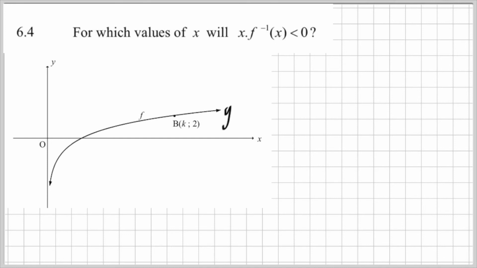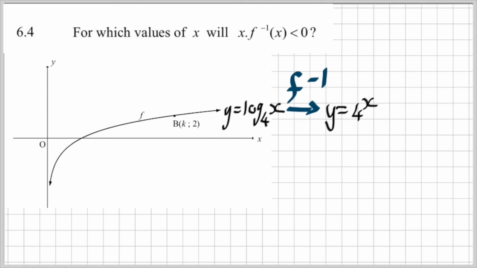So I'm going to look at, how does f to the negative 1 of x look? Well, I do know that f to the negative 1 is actually y equal to 4 to the power of x. Remember, I got that in 6.3. See how 6.3 leads me to 6.4. And we love to ask this, matriculants. 6.3, then 6.4 is being led by 6.3.